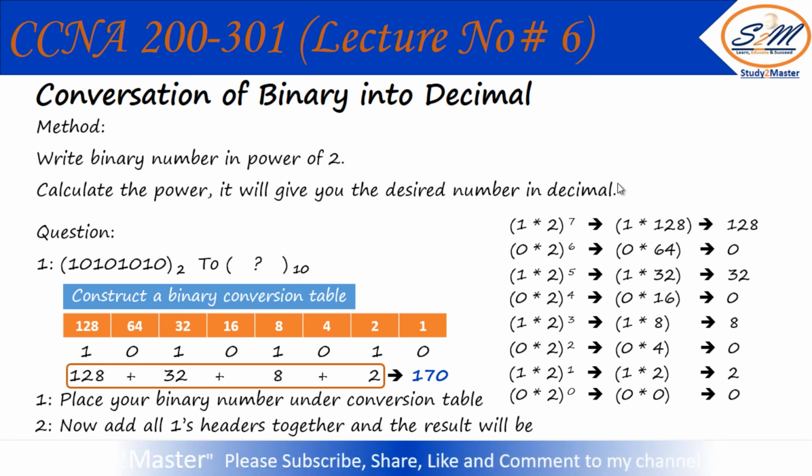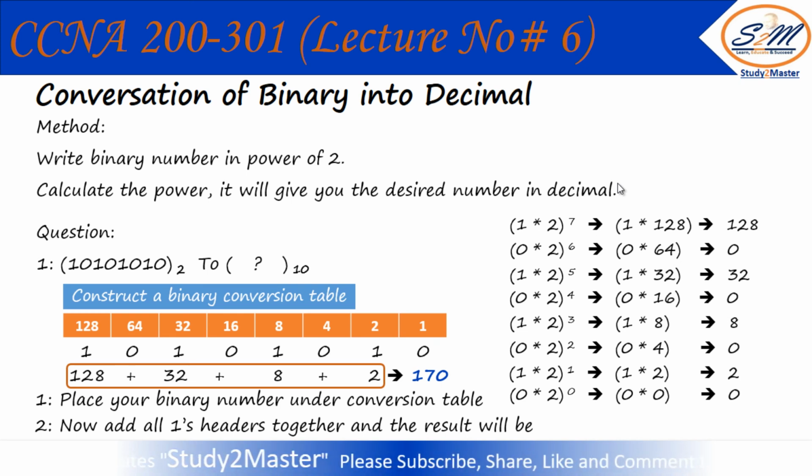Each number multiplied by 0, the result is 0. 1 times 2 to the power of 5, the result is 32. 0 times 2 to the power of 4 is equal to 0.